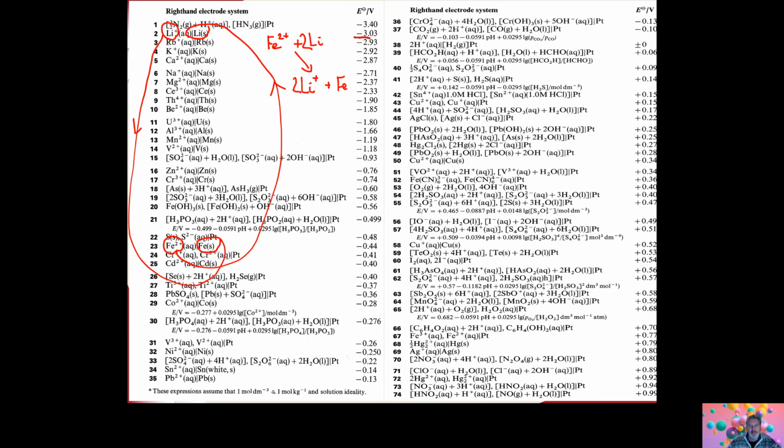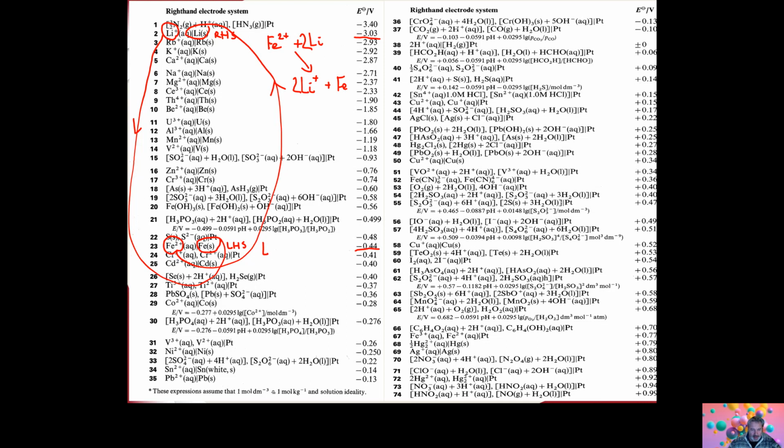Now what we've got here is minus 3.03, and down here with the iron we've got minus 0.44. So what we need to realize is that the one at the top is going to be on the right hand side, okay, and this one is going to be on the left hand side, or left hand side electrode.